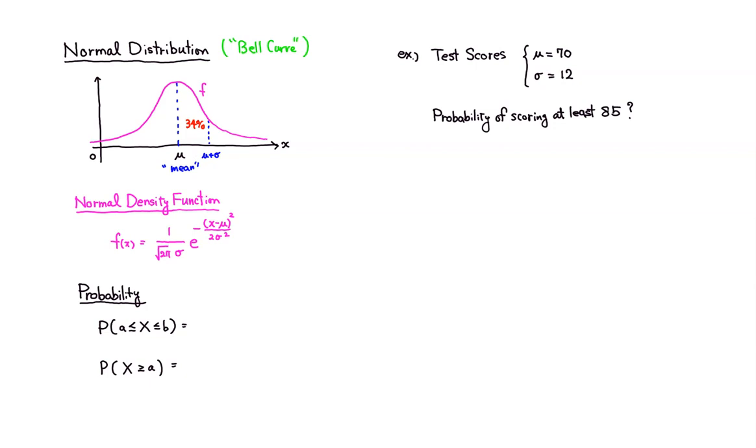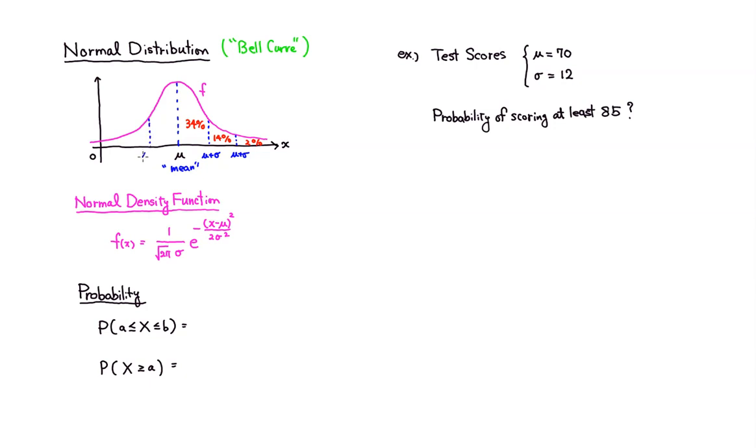If you go two standard deviations away, between one and two standard deviations, roughly you're going to have 14%. And beyond two standard deviations, there are only 2% left, about. And since it's symmetric, the same thing happens on this side.